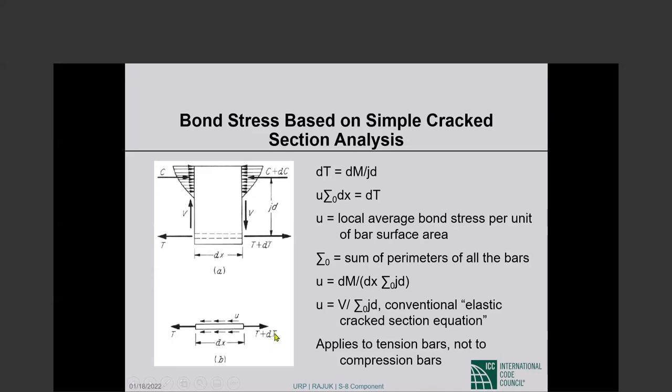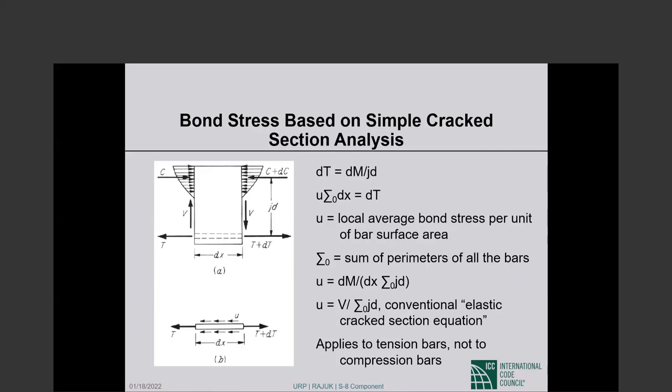dt, the incremental tension, is the bond stress u times the total perimeter of all the bars. That's what sigma sub 0 indicates, the sum of the perimeters of all the bars, times dx. So dx is the length, and sigma sub 0 is the total perimeter.